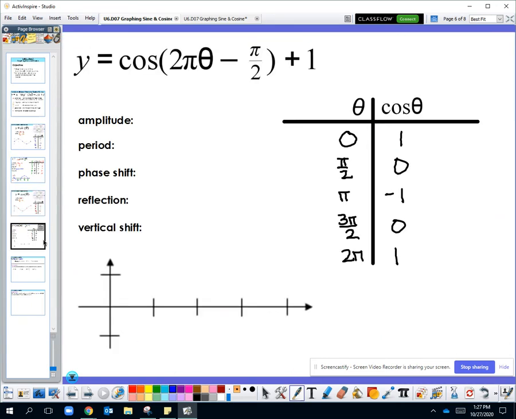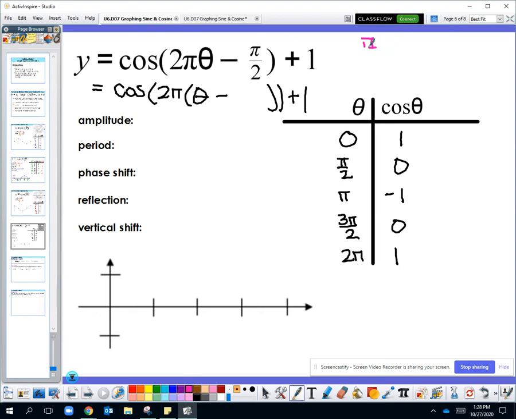Transforming cosine is very similar. We can go through and answer some questions, but we have to be sure that we are in standard transformation form. So we need to make sure that this 2 pi is separated from the variable theta or x or whatever that might be before we can do any describing. So I'm pulling the 2 pi away from theta, which means I also need to factor that out from the value of pi over 2.